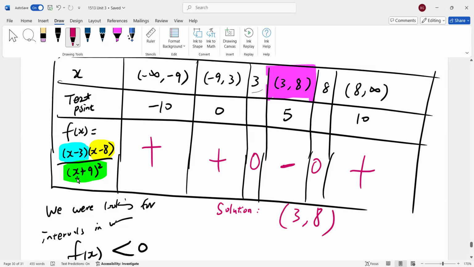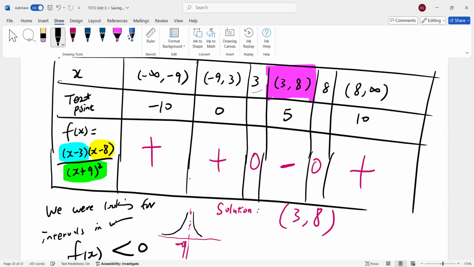At -9, the function has a vertical asymptote, if you want to know. But either way, it's not defined. It's possible the graph looks like this. This is -9, the vertical asymptote, and the graph goes like that.